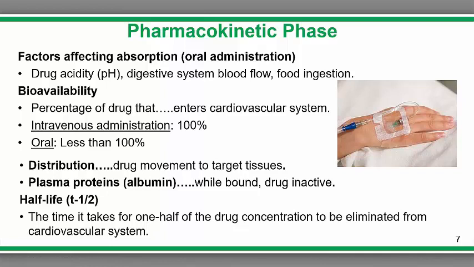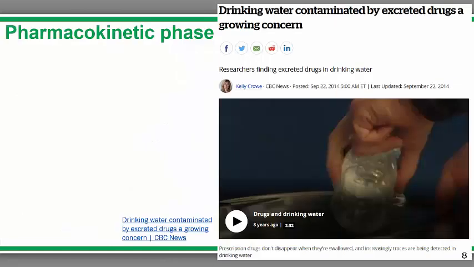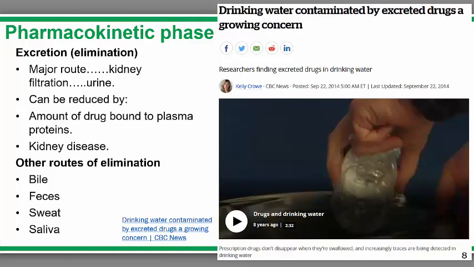The ideal is that the tissues will absorb the drug, but it's also important to know that, as we'll discuss on the next slide, drugs are also excreted as the final phase of pharmacokinetics. Excretion just refers to elimination of the drug from the body.